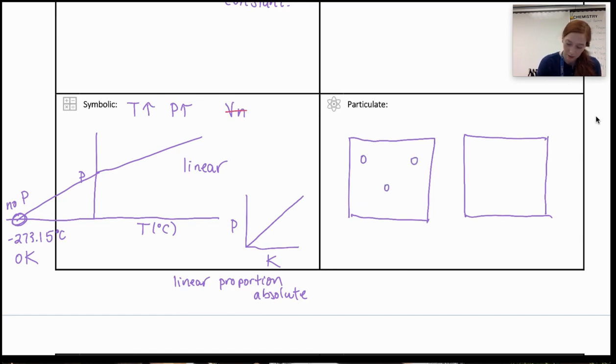Okay, so pressure needs to increase. Temperature is going to increase, which means we're going to show a change in the number of collisions and a change in the number of whooshies showing our motion. So I'm going to start with one whooshy line in my first box on the left, and I want to show a couple of collisions to show our pressure.